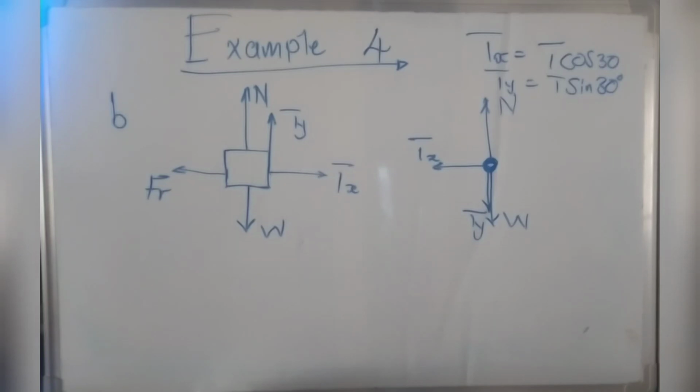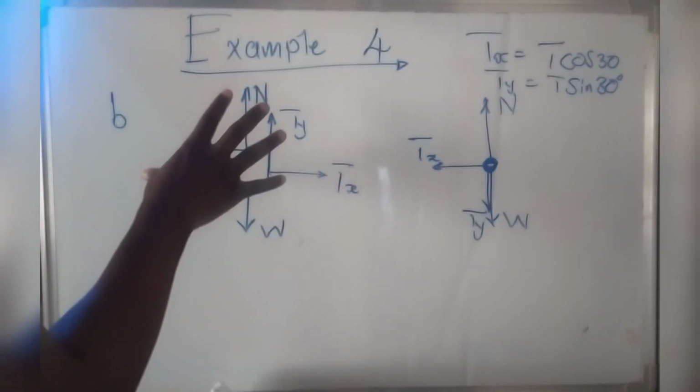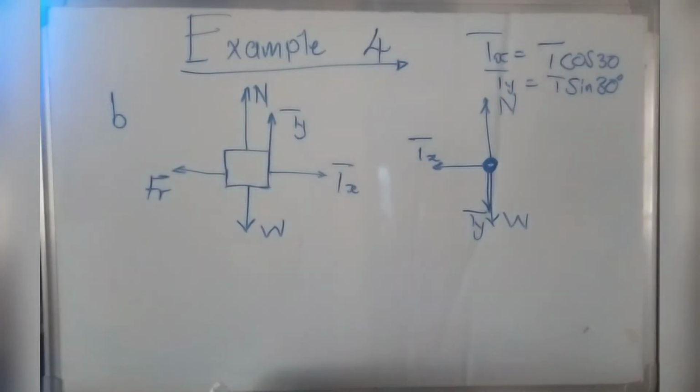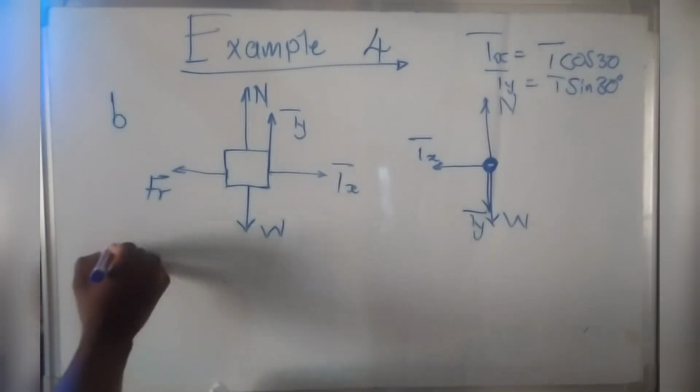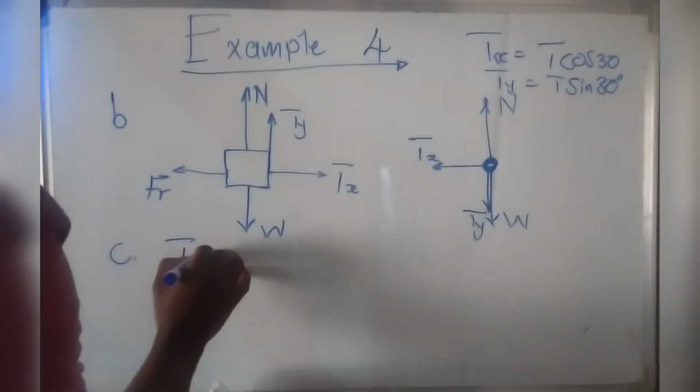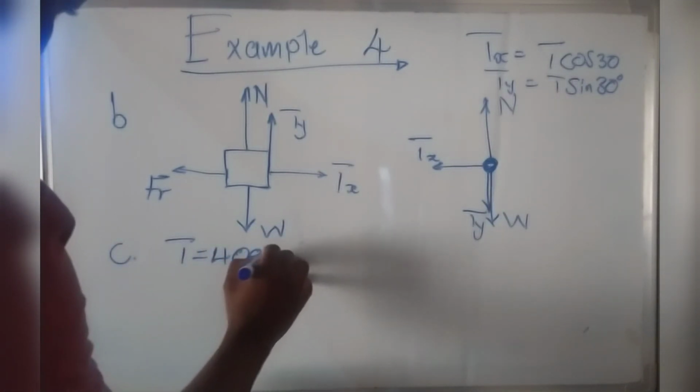Now number C, find the magnitude and direction of the frictional force preventing the cart from moving. Let me just keep this as it is for now. We are told that the force that is applied is 400 newtons, right? So this is C. T is equal to 400 newtons.